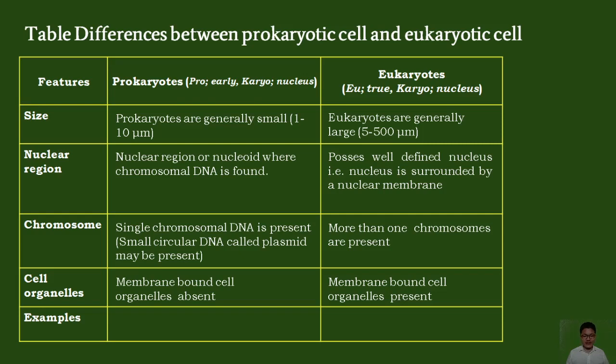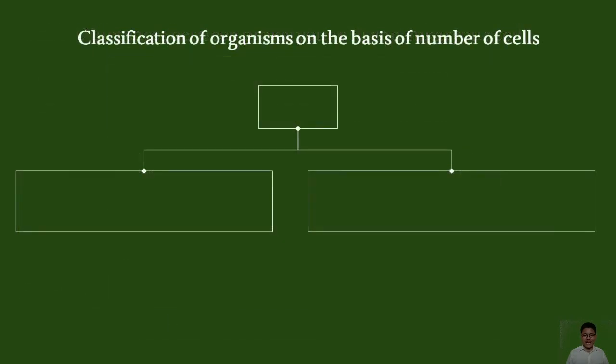Now, for examples, blue-green algae and all the bacteria are prokaryotes. Blue-green algae are also known as cyanobacteria. Plant cell, animal cell, fungal cell, all these are eukaryotic cells. Now with this, we'll try to classify different organisms on the basis of number of cells.